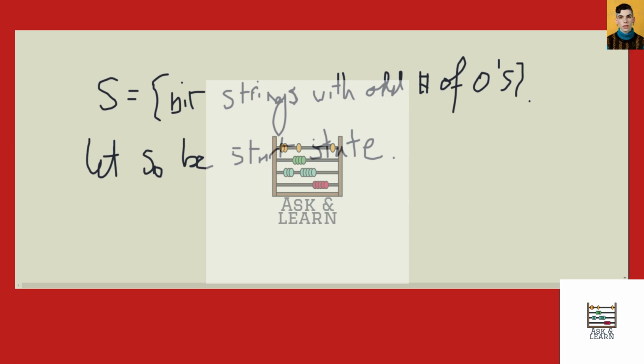Now consider the empty string. The empty string is not in our set S, so it follows that S0 is not a final state. And let's consider another state, S1. So we have that S0 represents that there were an even number of zeros in the previous digits.